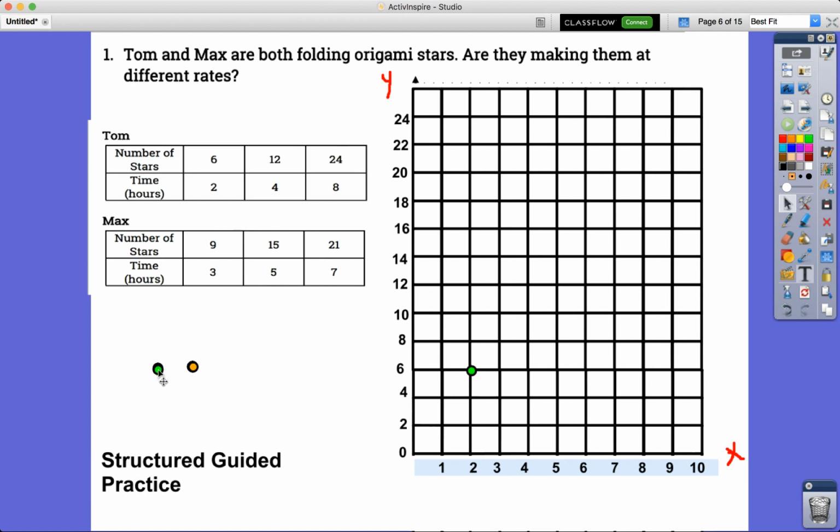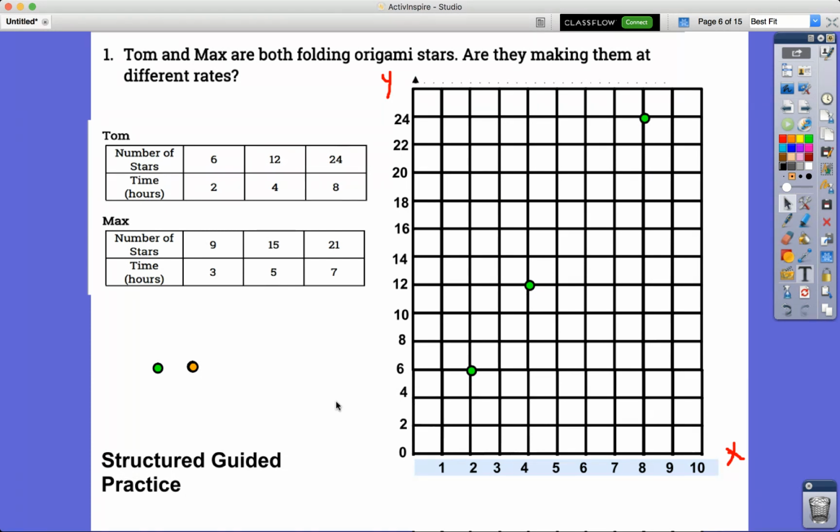And then 4 and 12. And the last one I have here is 8 and 24. Okay, so you should have those plotted.